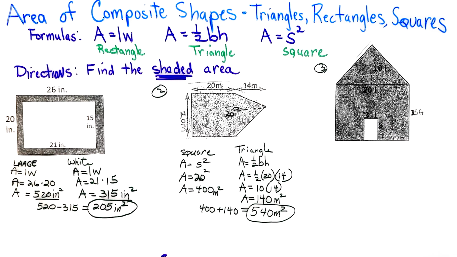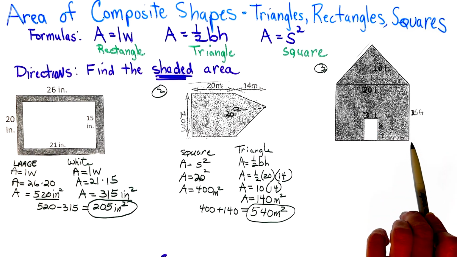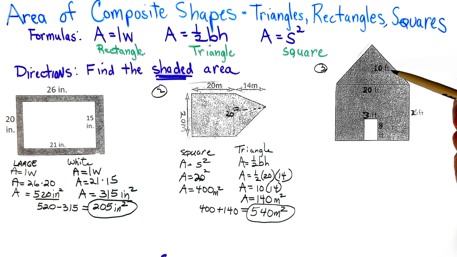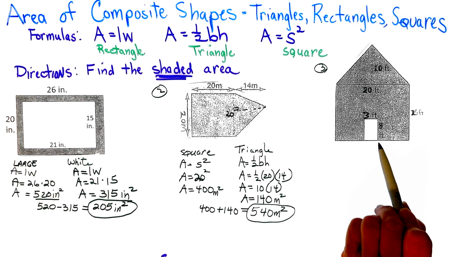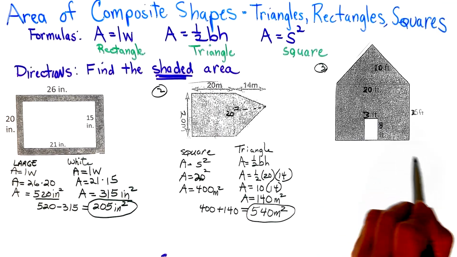Well, it looks like a house. And I see it's made up of a rectangle and a triangle. But then remember, I have to find the shaded area. So I'm going to have to subtract the little door away. And that means that then I'll finally have my answer. All right, so let's start with the rectangle's area.